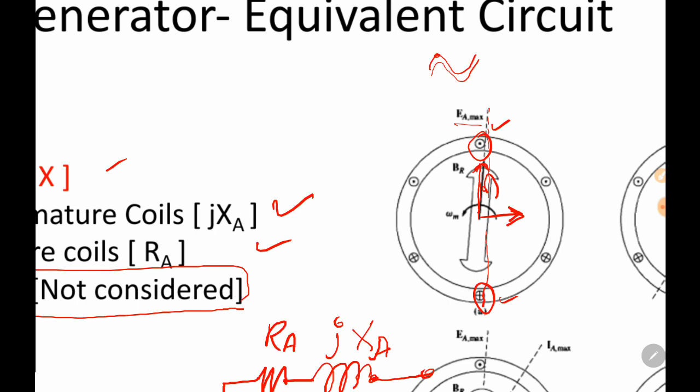It means this load current is producing its own rotating magnetic field vector, which will be lagging 90 degrees behind the actual rotating magnetic field.